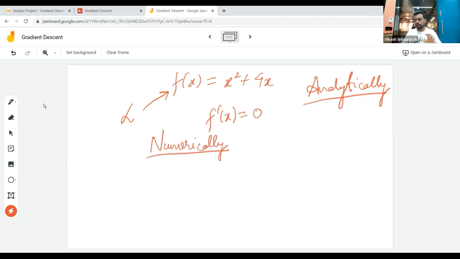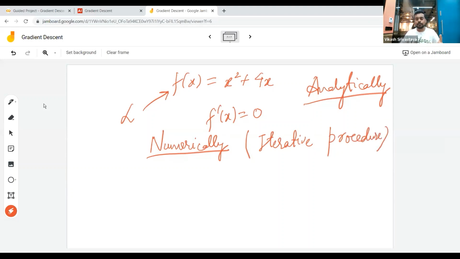We're trying to solve this loss function, and in most cases we cannot do it analytically, but we can do it numerically. A computer will not be able to exactly calculate f dash x equal to 0, but it will be able to reach that minimum through an iterative procedure. Numerically essentially means we have some iterative procedure through which we try to arrive at the minimum of this function.